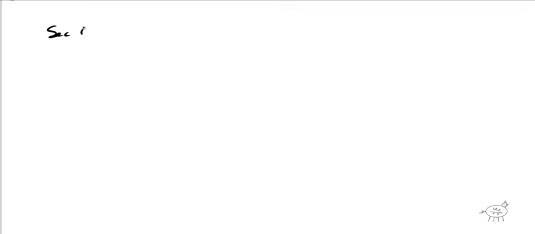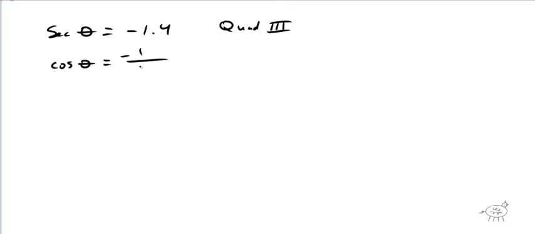Alright, so last example here. Secant of theta is equal to negative 1.4, and I'm telling you it's in quadrant 3. Well, that's really friendly. That's really easy. I'm telling you the quadrant. I'm like your best friend. Okay, so we're going to do cosine of theta is equal to negative 1 over 1.4.